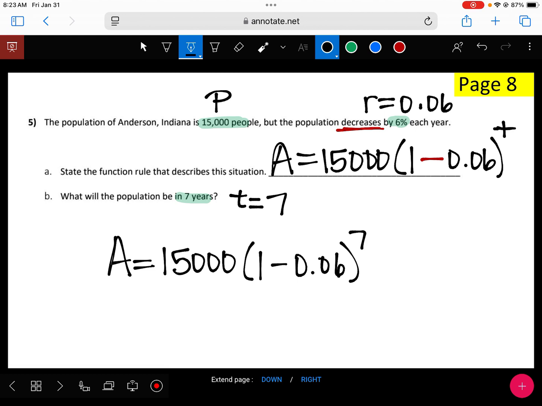And you should get, for number 5, 9,727 people. Raise your hand if that's the answer you got. Raise your hand if you need help typing that in the calculator. Me or Miss K can come around and show you how to type it in. Any questions?